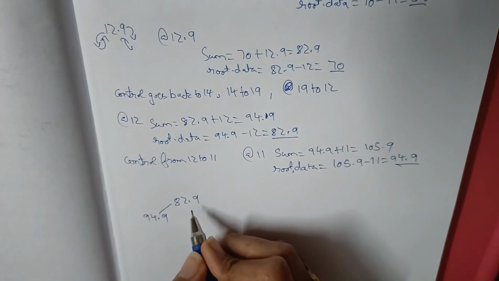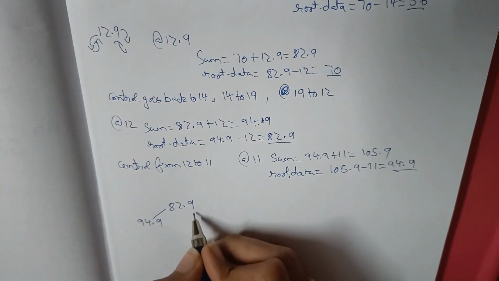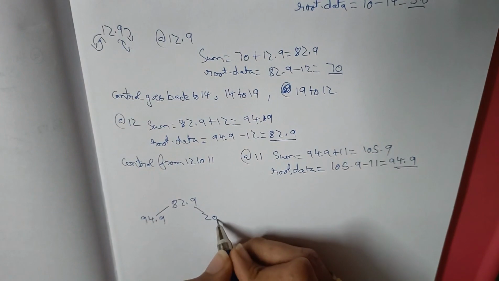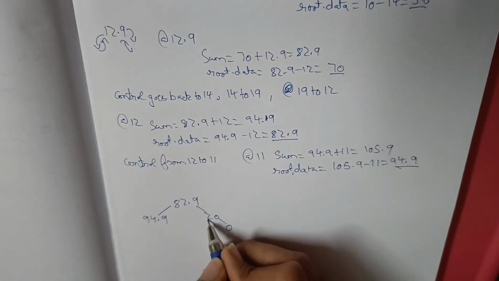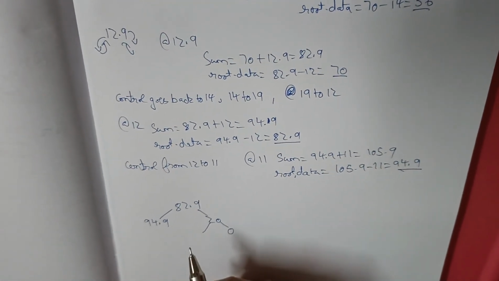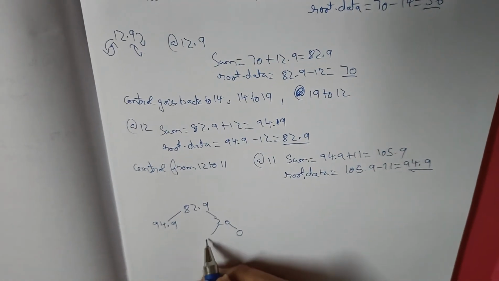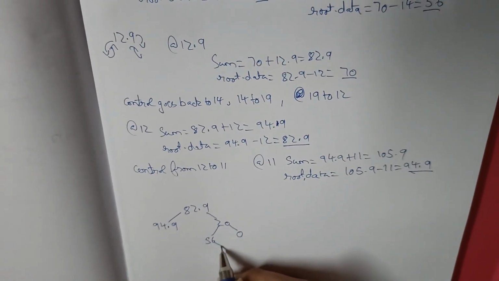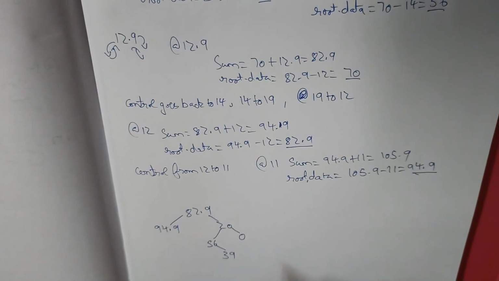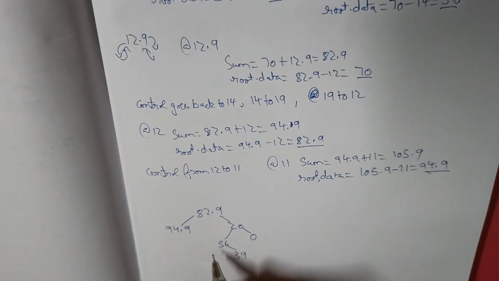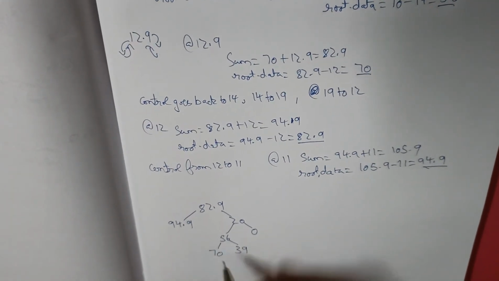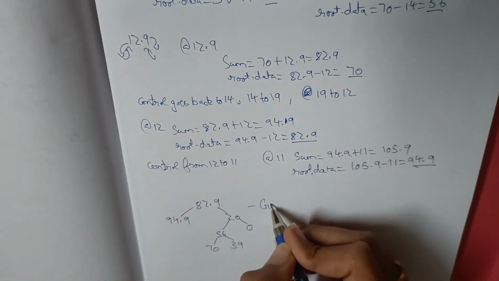What is replaced at 19 is 20. What is replaced at 20 is 0. What is replaced at 14 is 56. What is replaced at 17 is 39. What is replaced at 12.9 will be 70. So this is the greater sum tree.